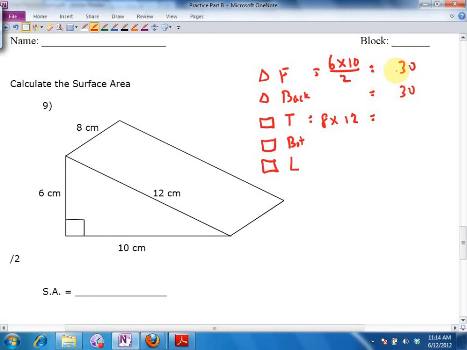Top is 8 times 12 equals 96. Looks like 96 to me. The bottom is 8 times 10, which is 80. And the left side is? Fred. That's right. It's going to be 6 times 8. I'll put 8 here times 6. It's 48. You notice that 8 is in all 3 of those rectangles.